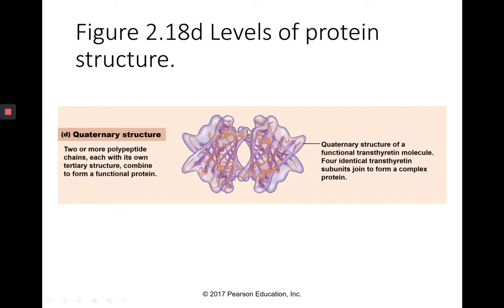So you can see we have on the left 1 tertiary structured protein, another tertiary structured protein, and they've come together, they're interacting right here in the center, and they've formed a quaternary structure. So again, when 2 or more polypeptide chains that are in their own tertiary structure combine or interact to form a functional protein, then that is a quaternary structure.